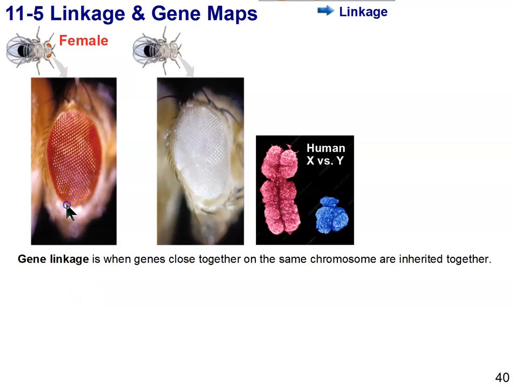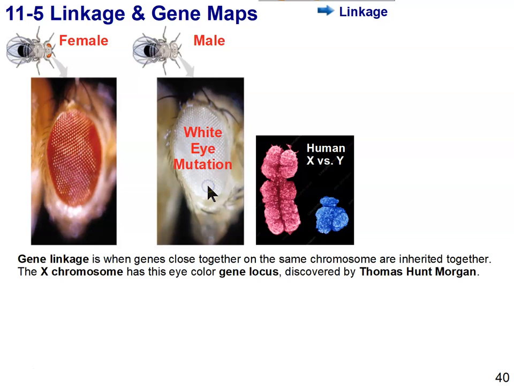So there's the female with red eyes and a male with white eyes. White eyes is a mutation, and Thomas Hunt Morgan discovered a lot of mutations and therefore genes. The way that a lot of genes were discovered is because they mutate, and we discover those genes once we find a mutant for those genes.